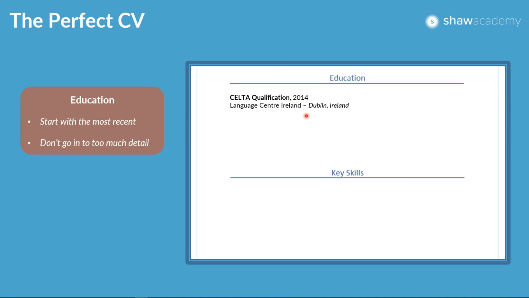And that's all the information that you need. So, CELTA qualification, 2014, that's the year I got it. Language Centre Ireland, which is located in Dublin, Ireland. Very simple. Then work backwards.